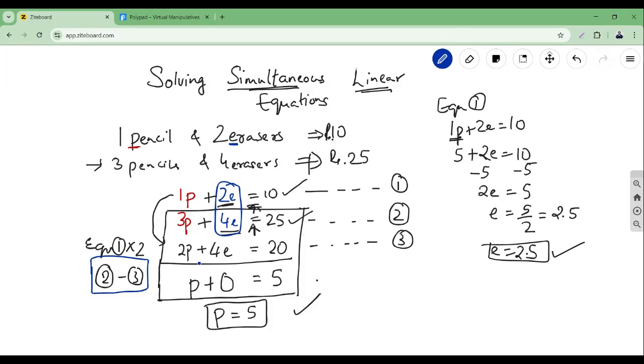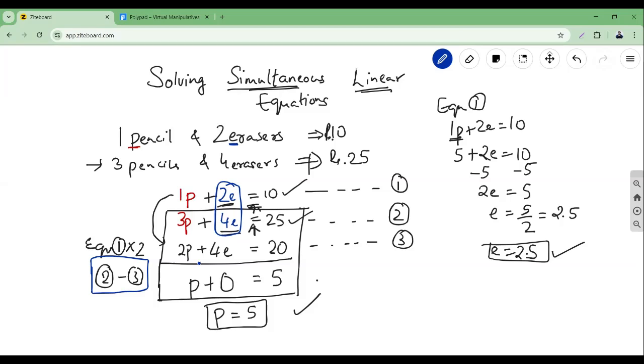Can I do this with 1p, 3p and change it? Yes, you can do that. You just have to change the 1p to 3p somehow. How do you do that? 1p can be changed to a 3p by multiplying 3 with the entire equation. When you do that, what happens? 1p becomes a 3p, 2e becomes 6e.